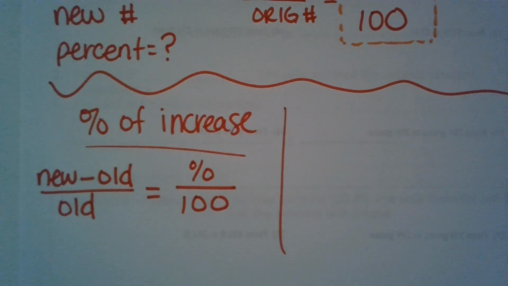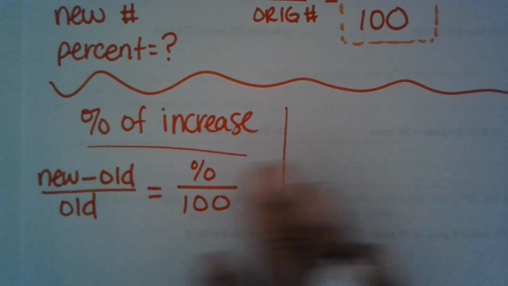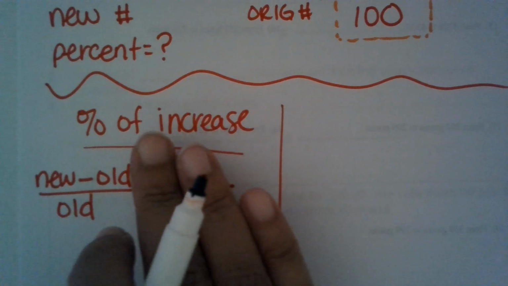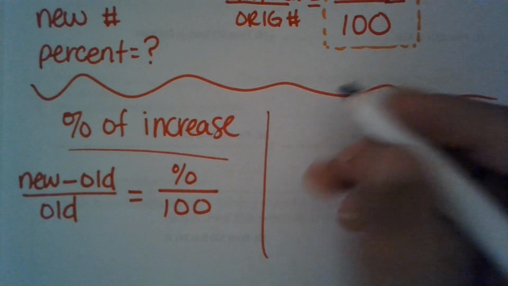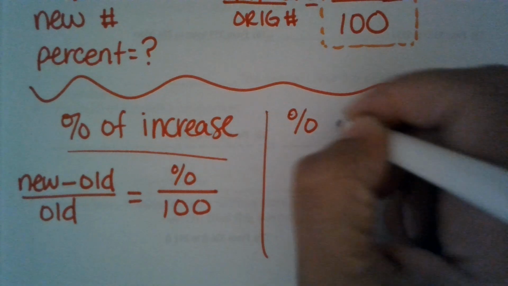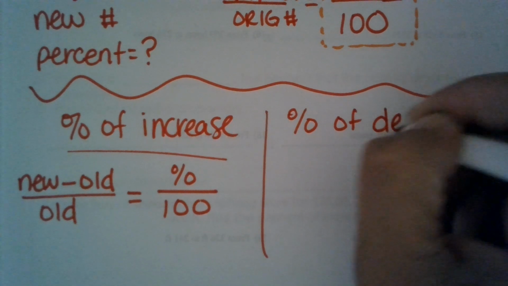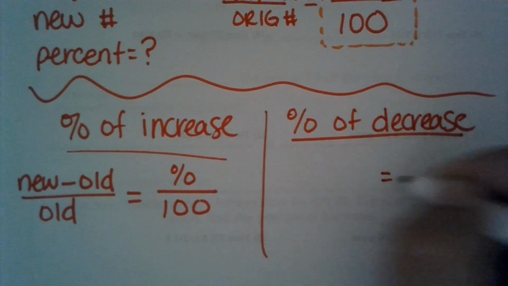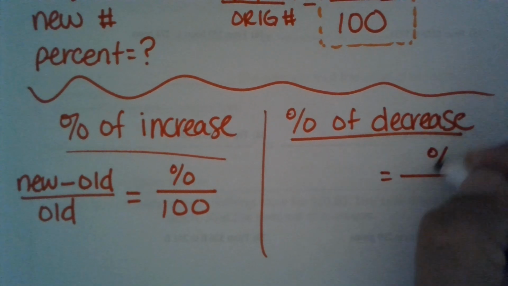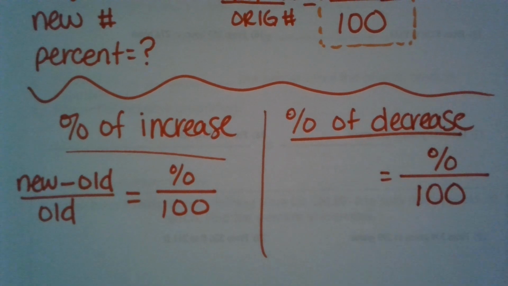Okay. Now, if I write the proportion format for percent of decrease, most of this is really going to look the same. I'm going to show you the only slight difference. So if I'm looking for the percent of decrease, this is still whatever the percent is out of 100, right?